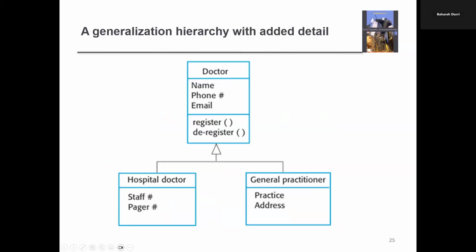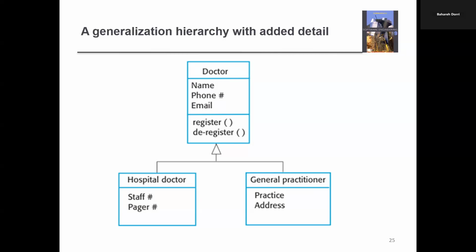This diagram is a great example of how inheritance works in UML class modeling. So at the top, we have the general class, doctor. This class contains shared attributes like name, phone number, email, and it also refers to the common operations that all doctors can perform, such as register and deregister.